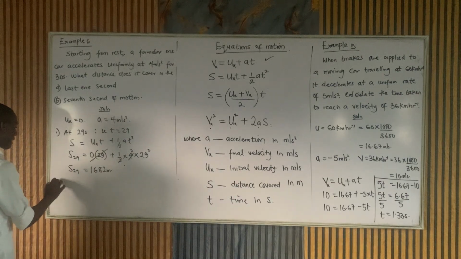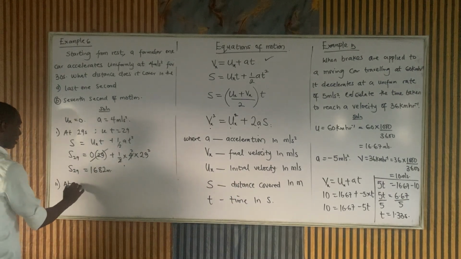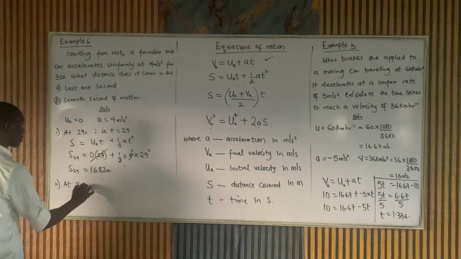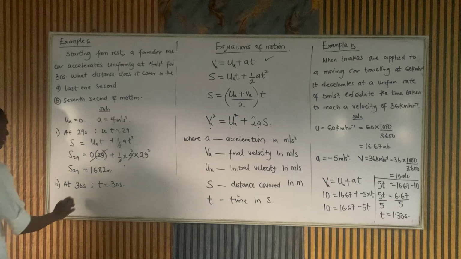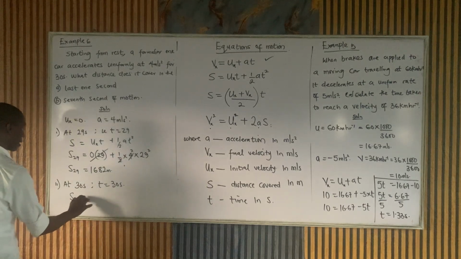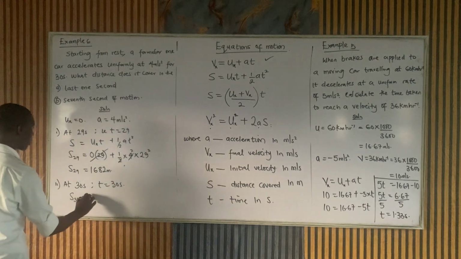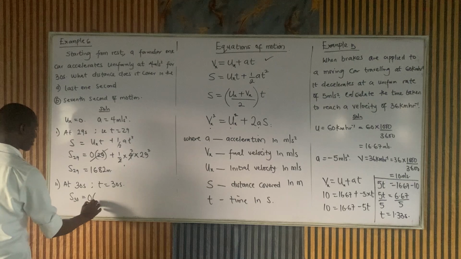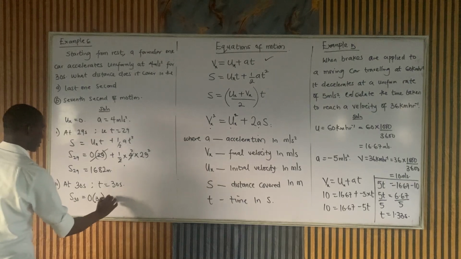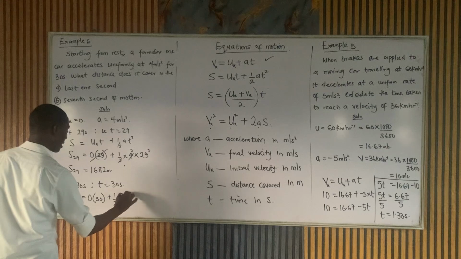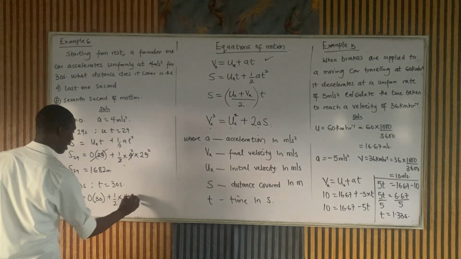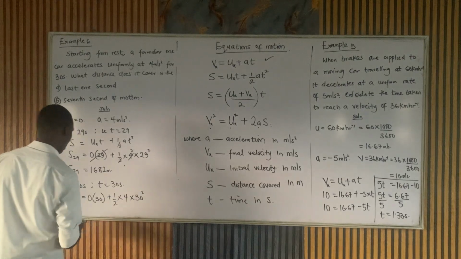Now, at the 30th second, that is T is 30 seconds, what will be the distance? X at 30. That will be the UT, 0 is the U, initial velocity, times T, 30, plus half times A, acceleration, 4, times 30 squared.